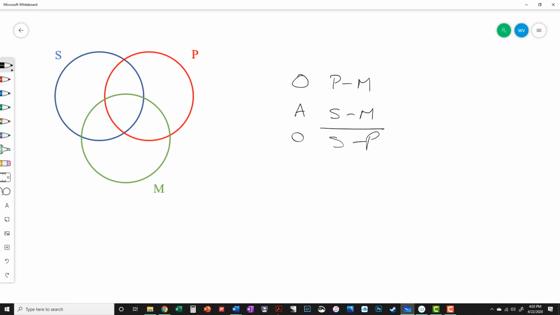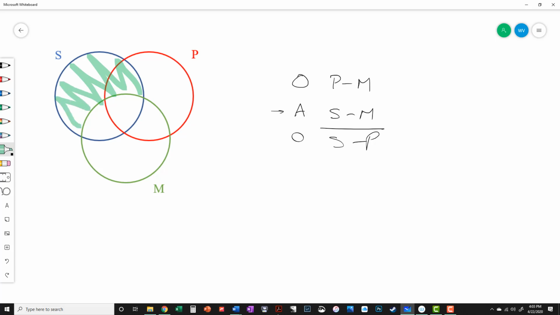All right, so we have a universal premise. We should do that one first, and a particular premise here. The universal premise says all S is M. In other words, the region of S that's outside of M is empty.